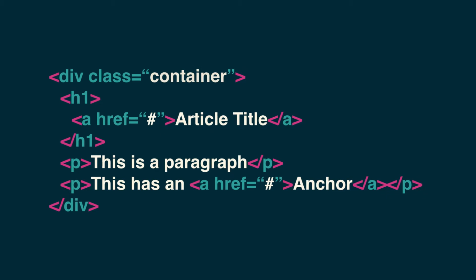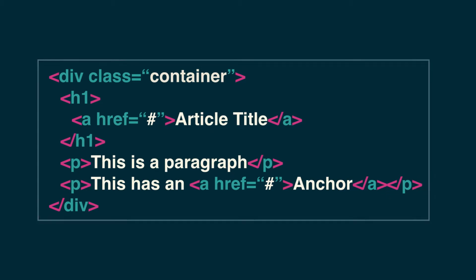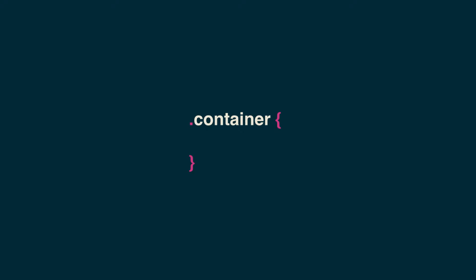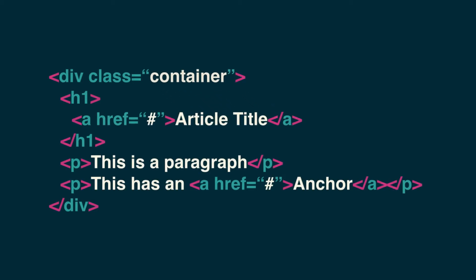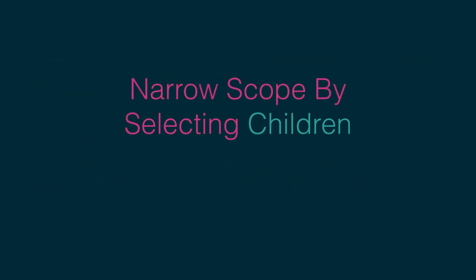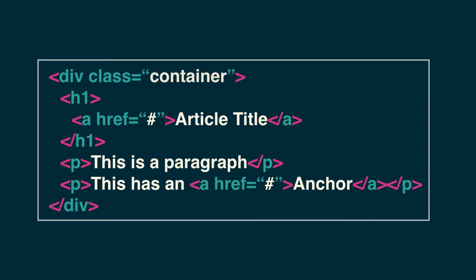So now let's think about how we could get more, well, this slide points out that the CSS that we just did, which was just dot container, is targeting basically everything that's in this box.